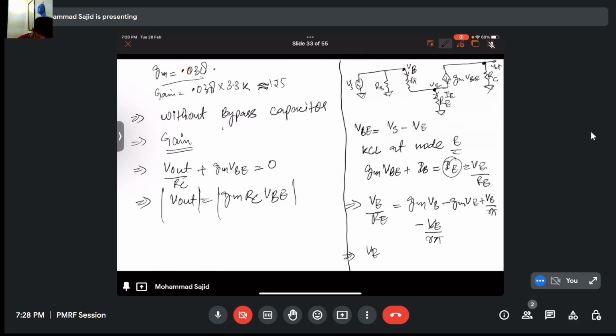So you transpose this here, you will get VE times 1 by RE plus 1 by R pi plus GM is equivalent to VB times GM plus 1 by R pi.